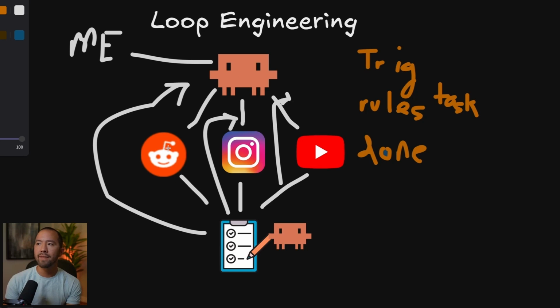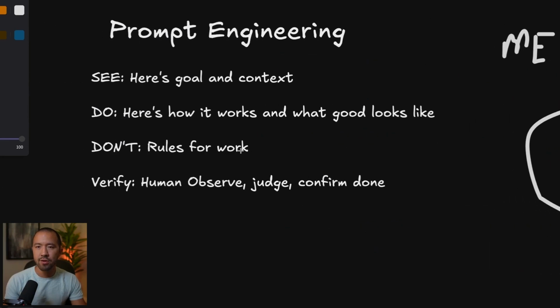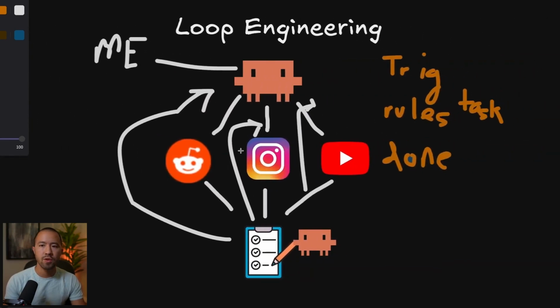If you have simple tasks that aren't super long running, where you don't need a giant context window, this is where a loop is perfect. This is probably going to be your daily driver in addition to prompt engineering goals. Loop engineering is generally good enough for people like you and me.